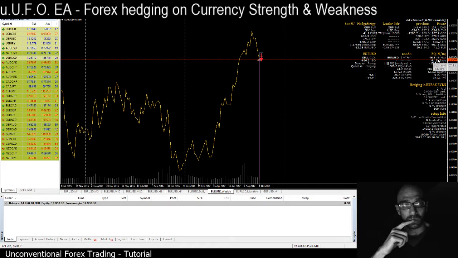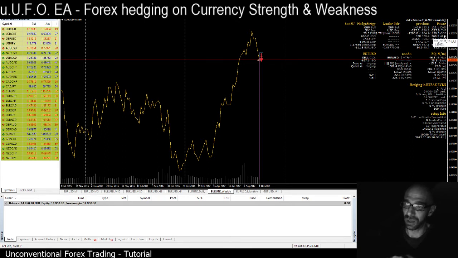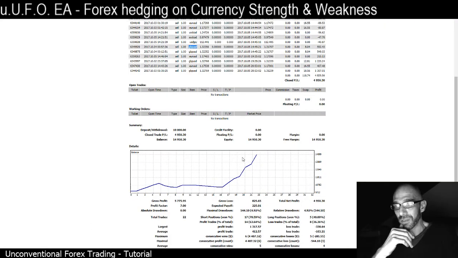So the final choice was anyway to put in correlation a currency pair with a lot of liquidity like US dollar, and a currency pair with a lot of volatility like pound, GBP, and the result is quite positive at the end.